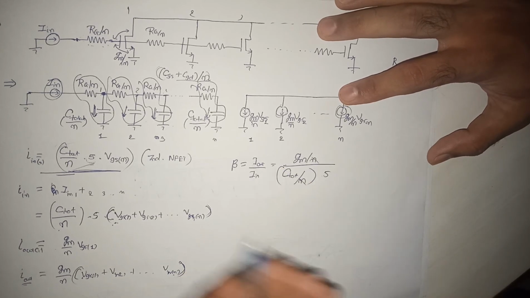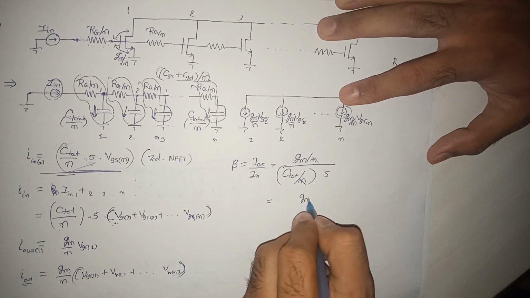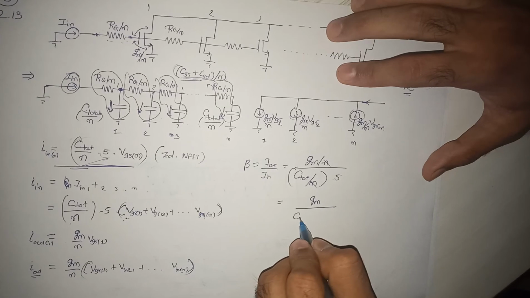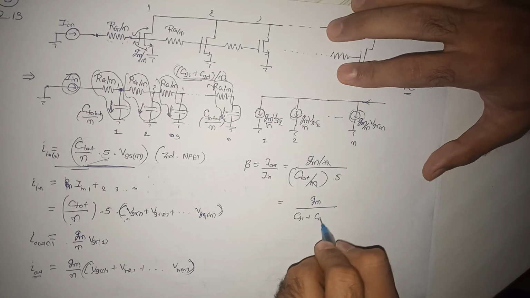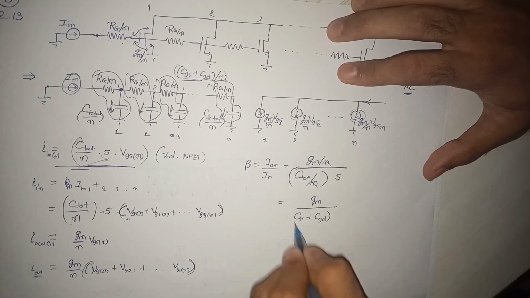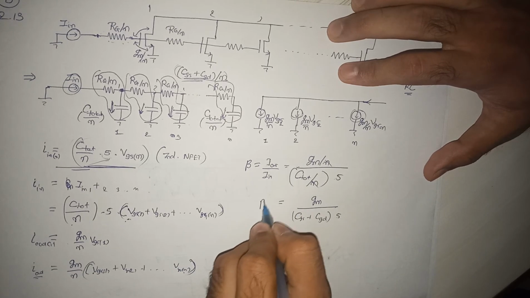So n can be cancelled out. Ultimately gm upon C total into s, where C total is CGS plus CGD. This is beta.